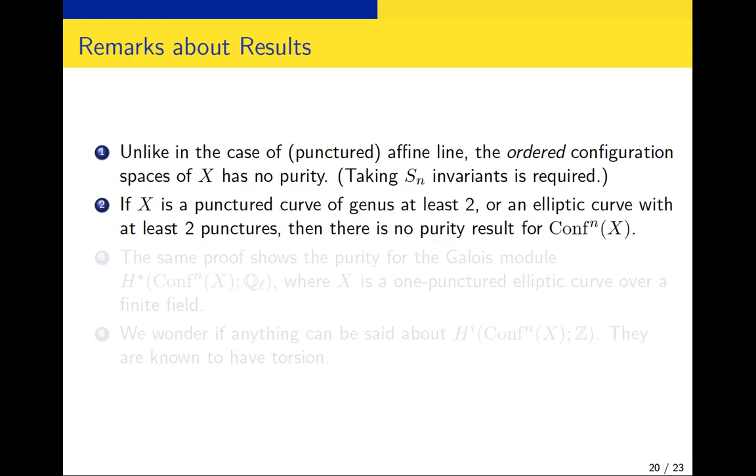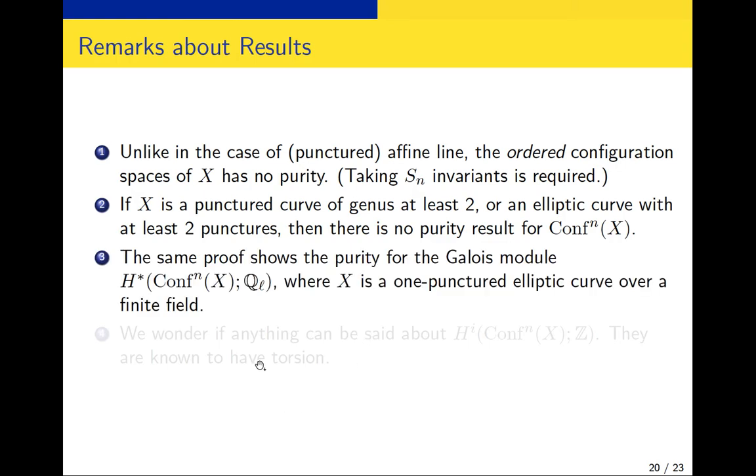We don't need the group structure of elliptic curves. And actually, it can be proven that for higher genus or more punctures, there is no purity. The same proof shows a purity for the Galois module of the étale cohomology, where X is still the one-punctured curve, but now over a finite field.